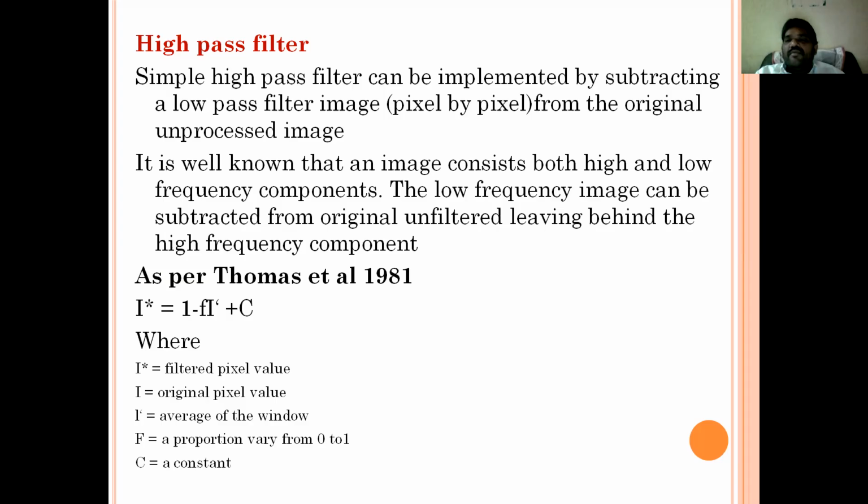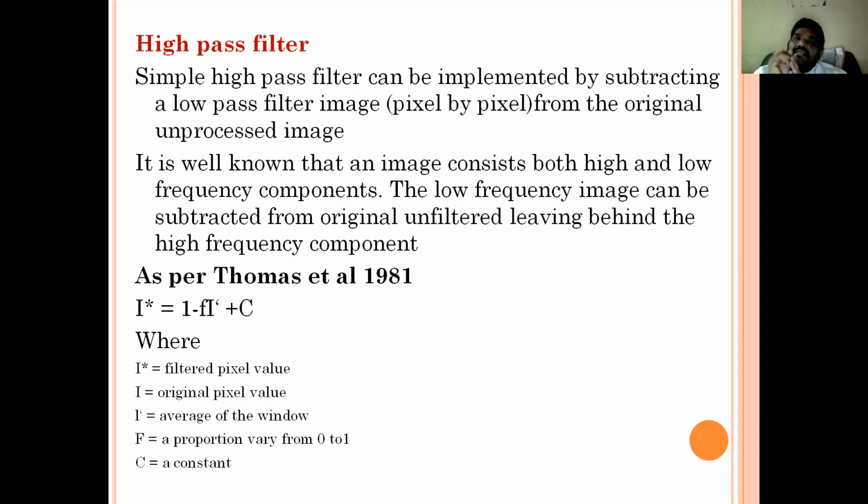That means before we go for high pass filters, we must have a low pass filter. By subtracting a low pass filter image from the original unprocessed image pixel by pixel. Understand?